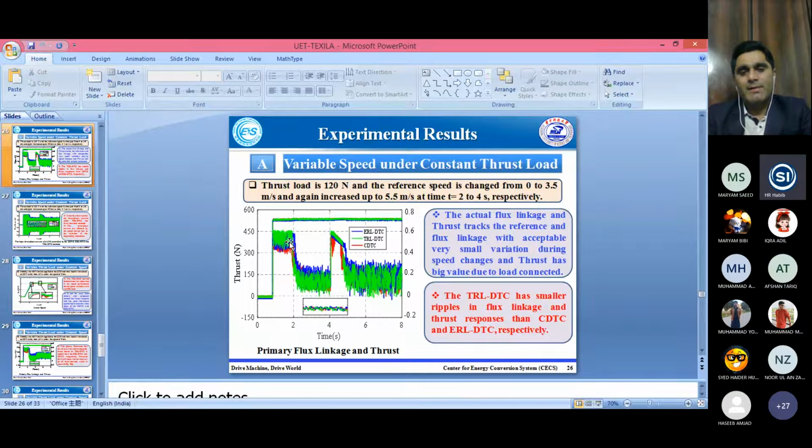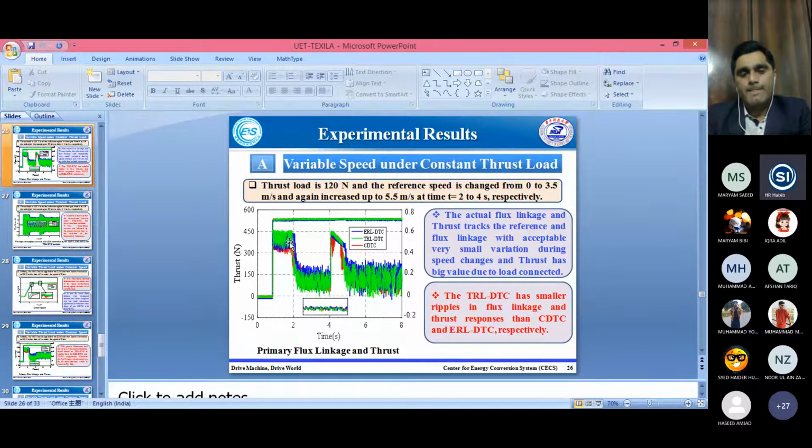Also, I will tell the audience that Dr. Abdul Khalik Jinejo is an expert in sliding mode control. Anyone who wants to explore more and start research in this area, terminal sliding mode, fast terminal, and all the different modified sliding mode control techniques, can contact him.